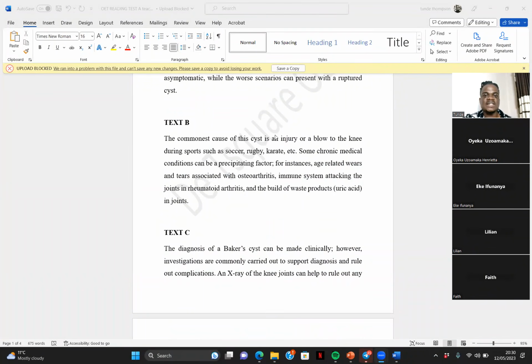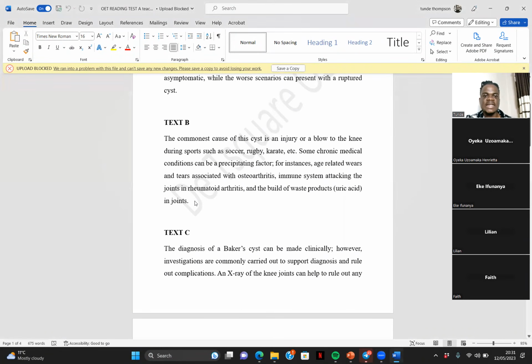The commonest cause of this cyst is an injury or a blow to the knee during sports such as soccer, rugby, karate, etc. Some chronic medical conditions can be precipitating factors, for instance age-related wear and tear associated with osteoarthritis, the immune system attacking the joints in rheumatoid arthritis, and buildup of waste product in the joints.